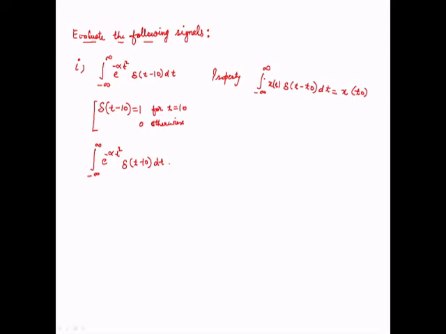If I put the value of t is equal to 10, where this signal is 1 as given by this identity, it means I can write e raised to the power minus alpha t square using the property while t is equal to 10. If I put the value, we have e raised to the power minus alpha 10 raised to the power 2, which leads to the solution e raised to the power minus 100 alpha. So this is the solution.